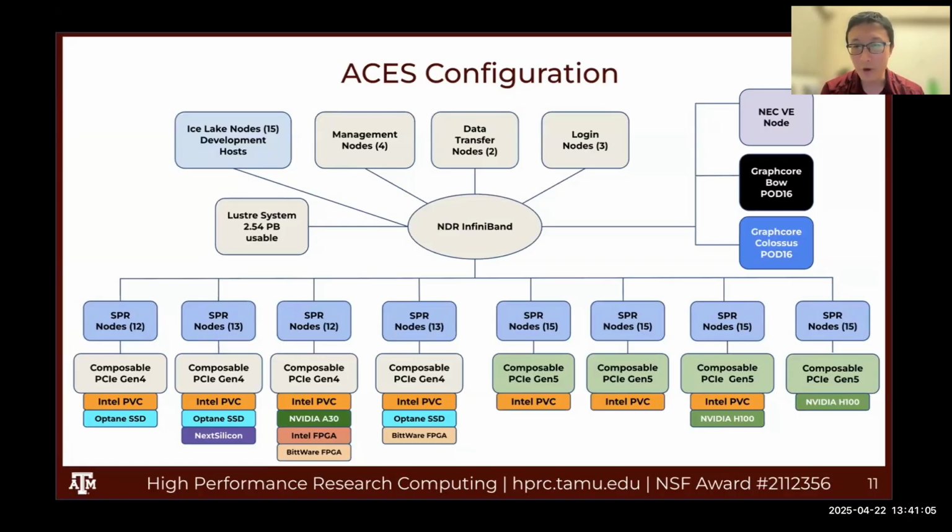We have an extra 4 with generation 5 PCIe composability supported by the hardware. So there are different generations of hardware supported in our system. Depending on your application and the particular configuration you need for your final hardware requirements, you might be using different generations, generation 4 or generation 5, depending on which particular hardware system you are looking for your testing and development work.